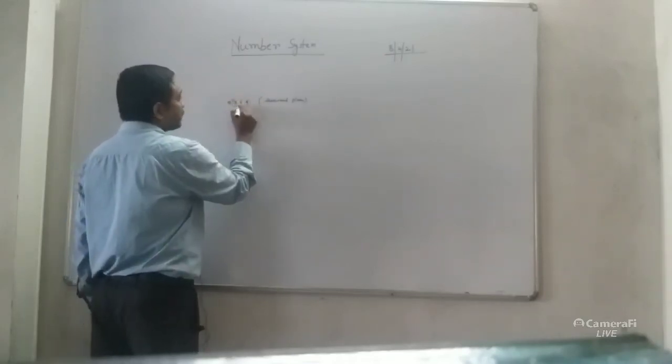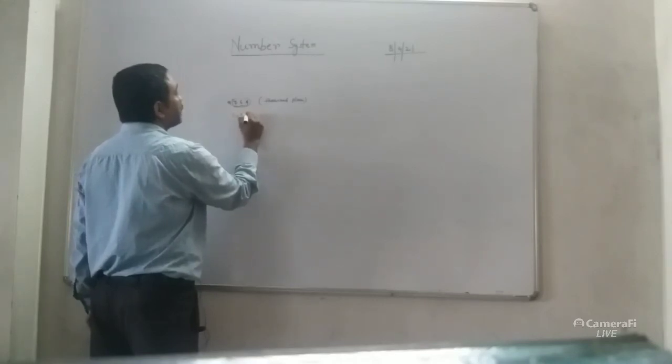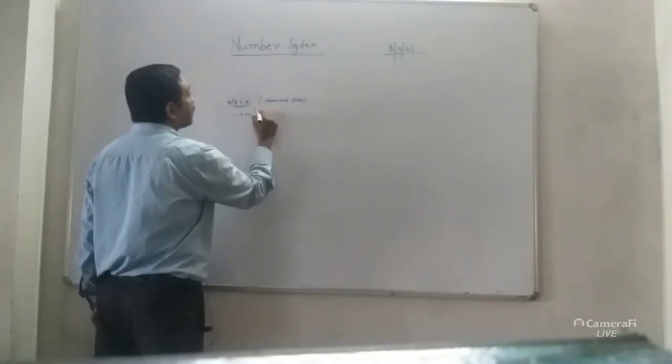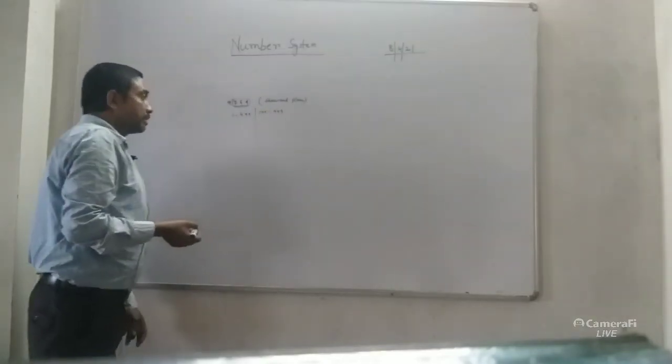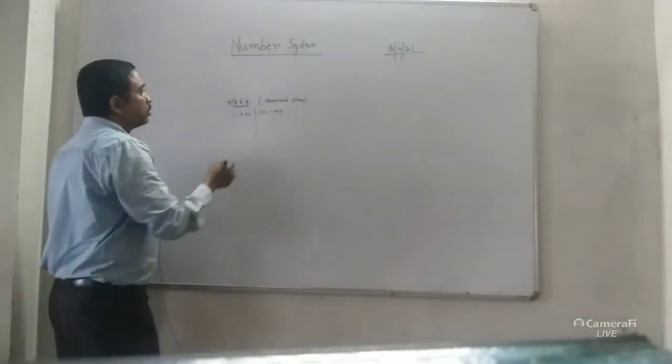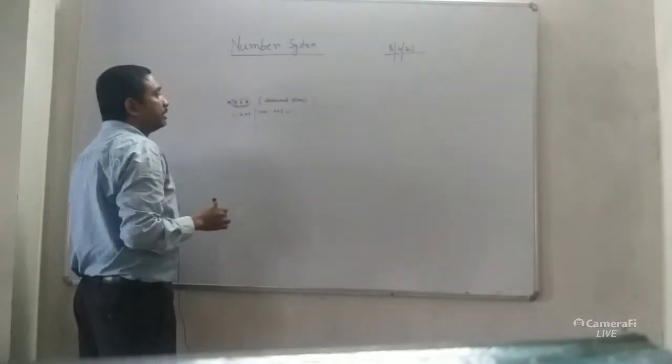Now look, this number is 764. What is the range? 1 to 499, and next 500 to 999. So you tell in which direction it has the tendency to move. You see that this number has the tendency to move in this direction.